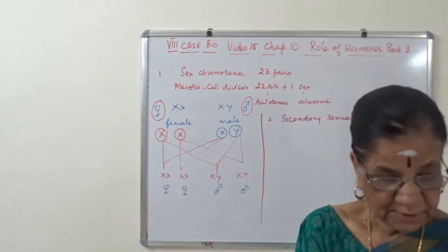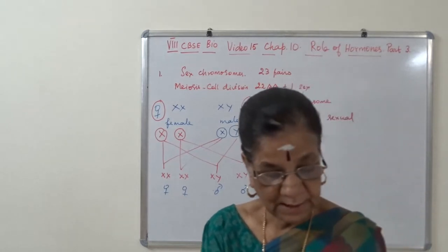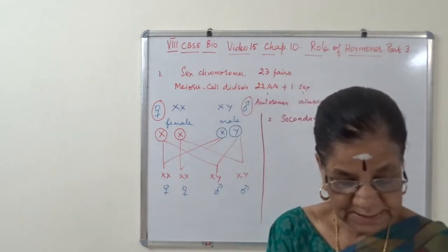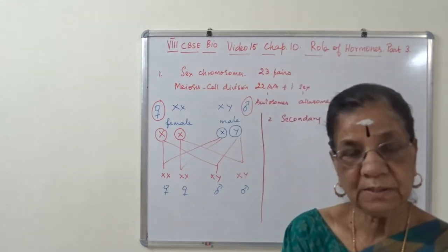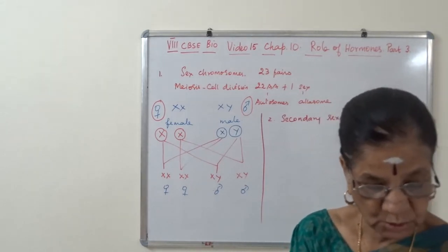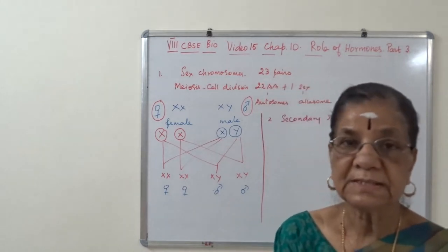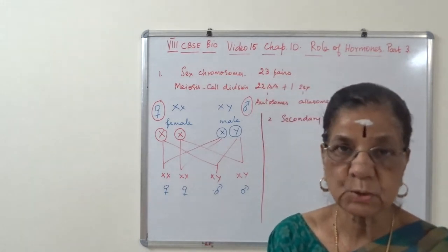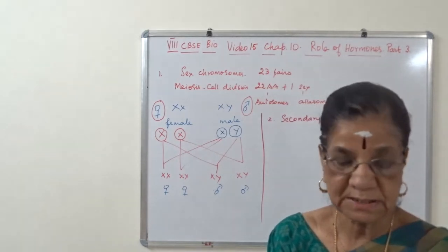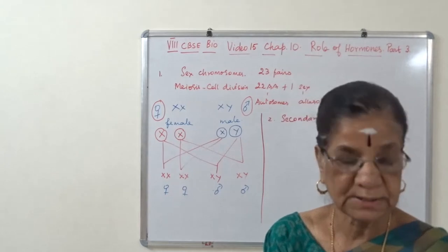Then, the hormones secreted in males stimulate the testes and in females the ovary to produce the hormones testosterone and estrogen. Male testosterone, female estrogen. Now this leads to the development of the sex organs.